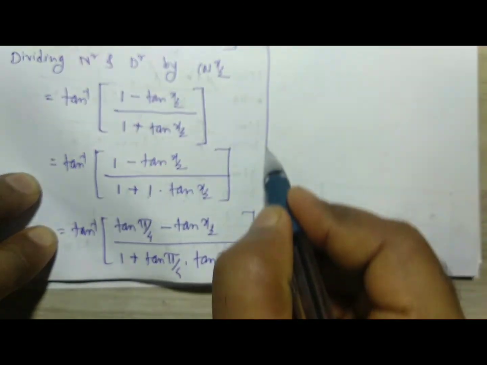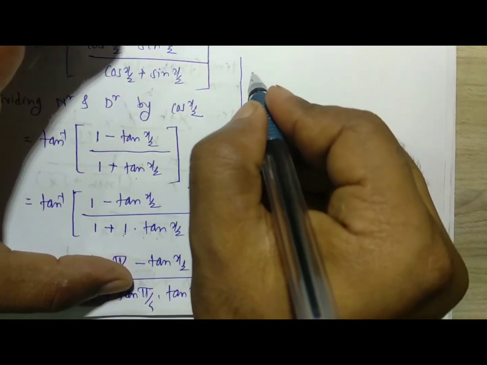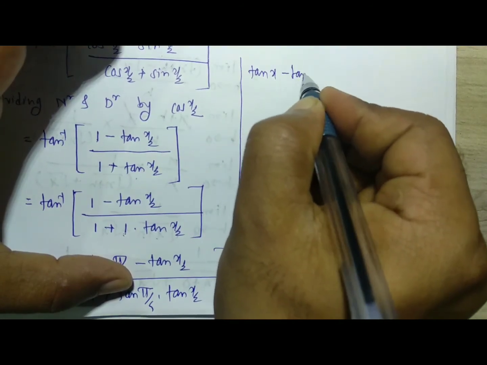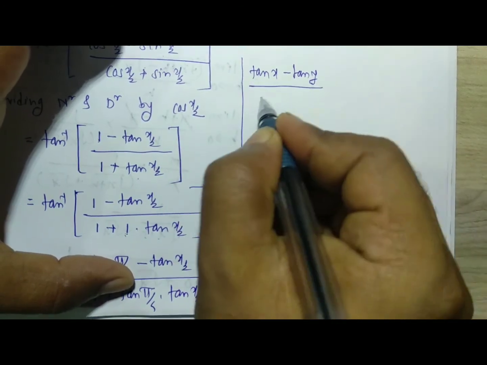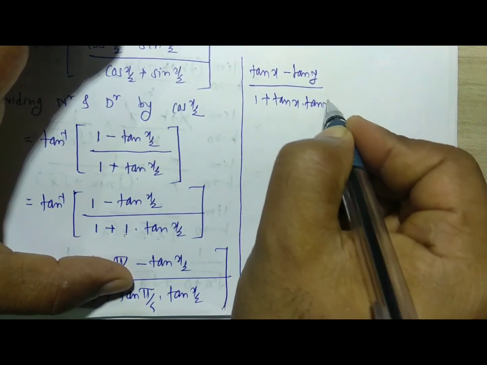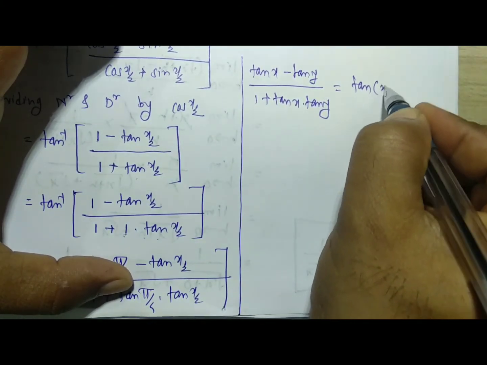one expression, which is nothing but (tan x minus tan y) divided by (1 plus tan x into tan y), and this formula is nothing but tan of (x minus y).